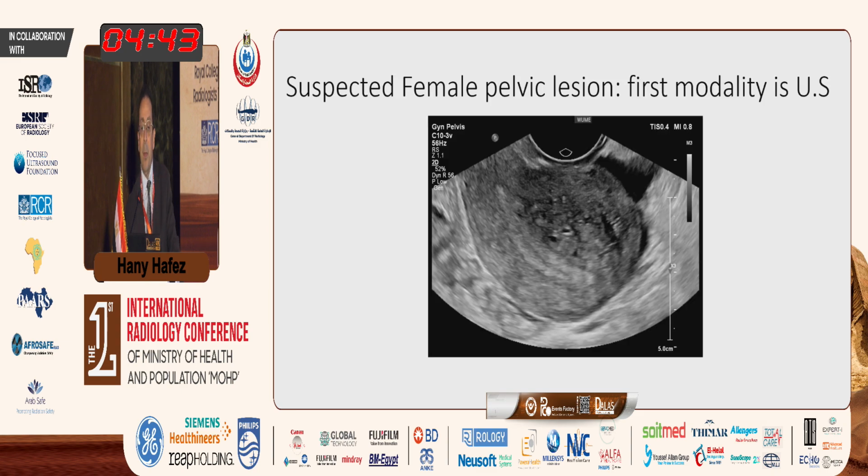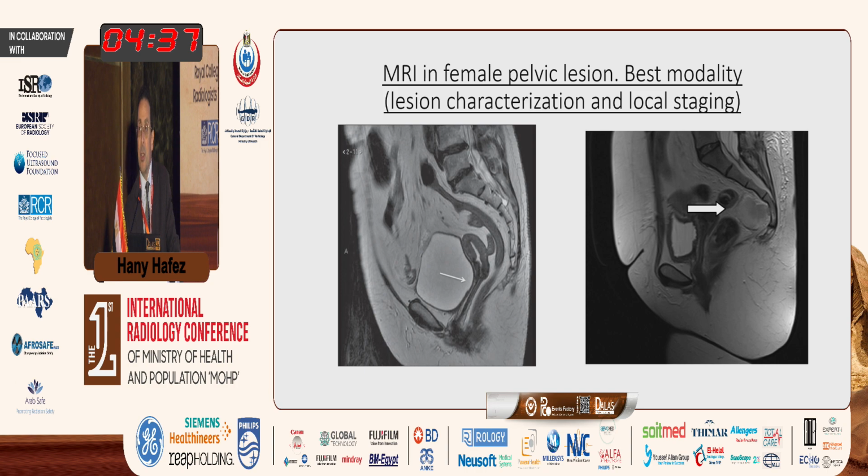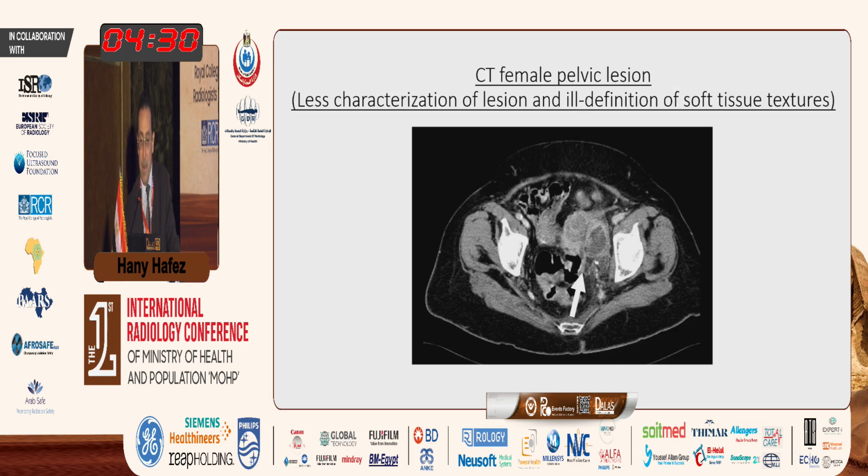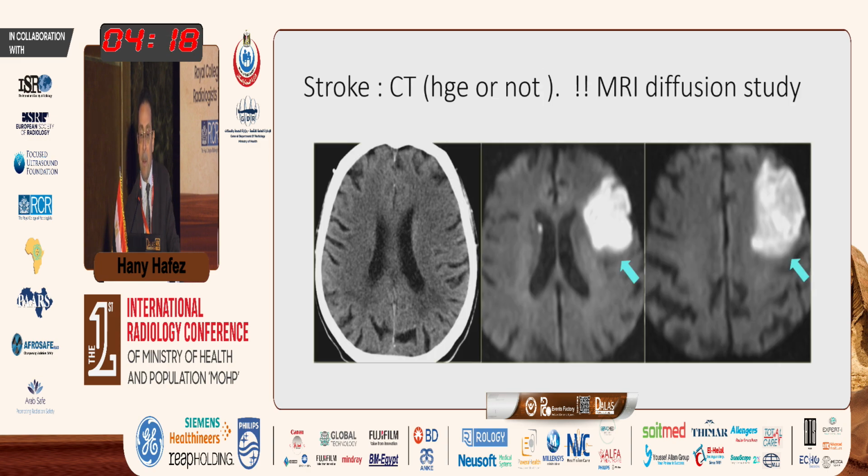For suspected female pelvic lesions, the first imaging modality is ultrasound. The next imaging modality, if we see complex cysts or tumors, will be MRI. CT is not accurate in the female or male pelvis because of the ill definition of soft tissue textures and differentiation of densities.